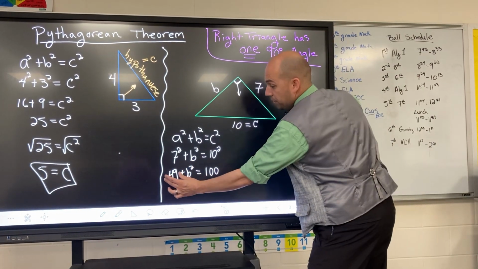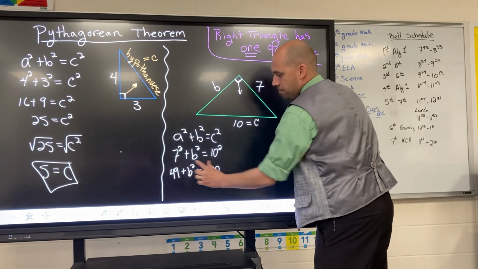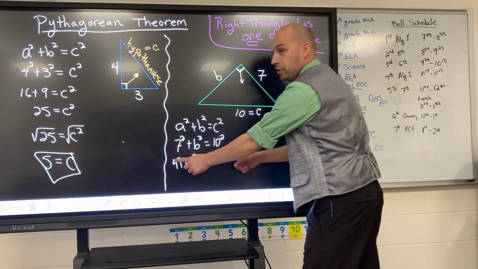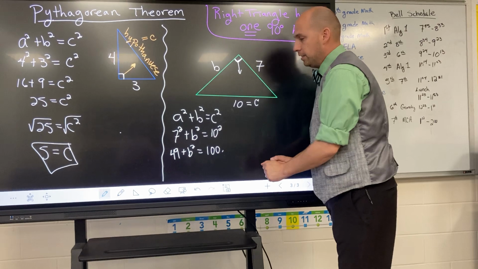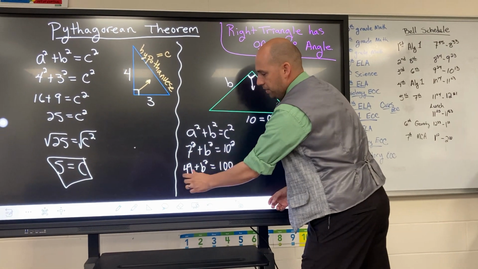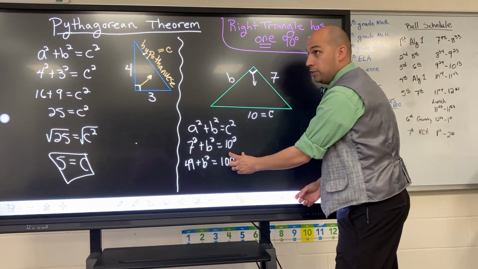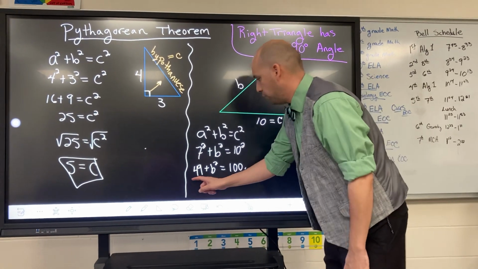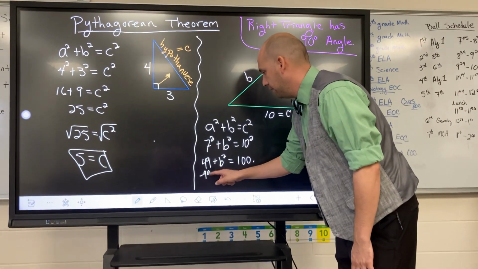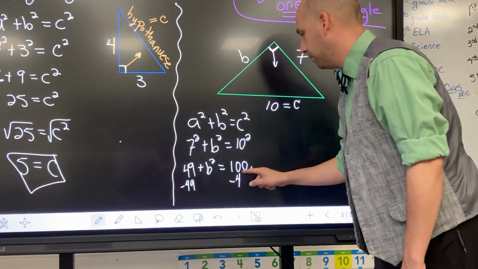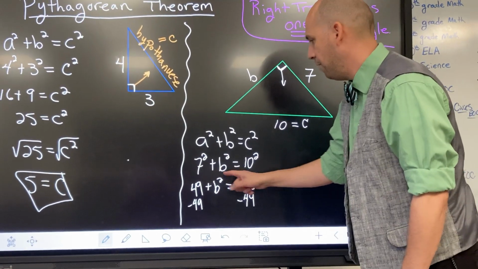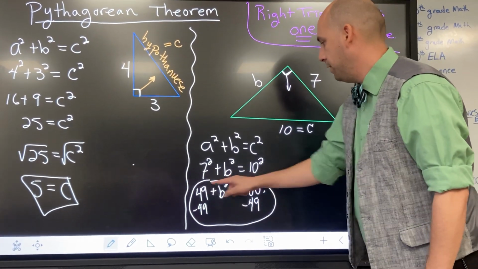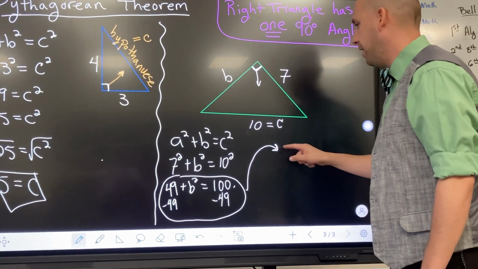So we're going to subtract 49, well, technically we're subtracting 49 from both sides of my equation. If I subtract 49 from here, that becomes 0, and if I subtract 49 from here, that becomes 51. But just for the sake of showing you, I'm going to subtract 49 and subtract 49. I ran out of room, so forgive me, I'm just going to continue my work right here.